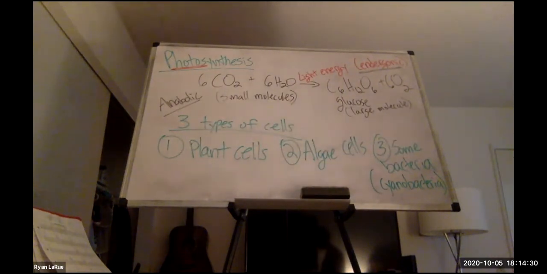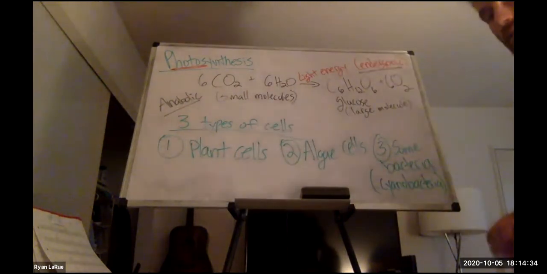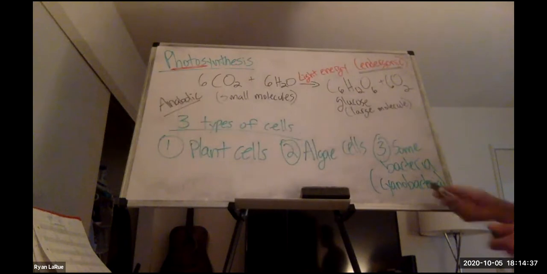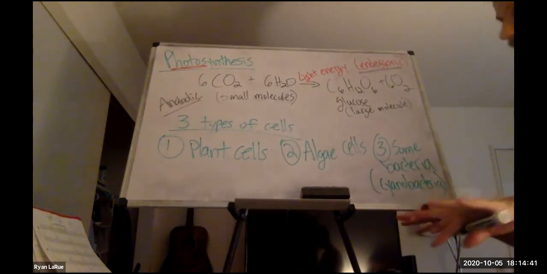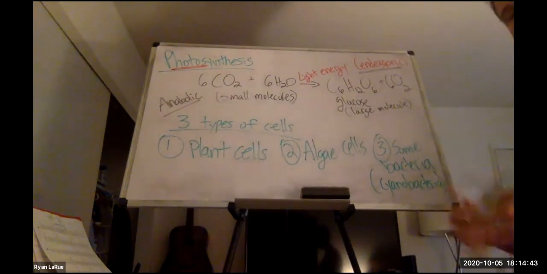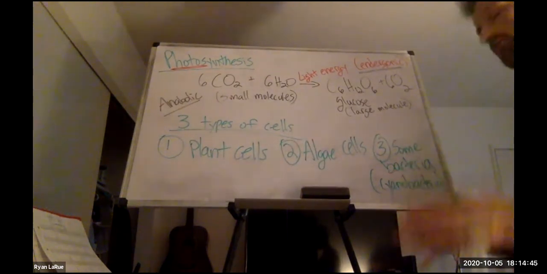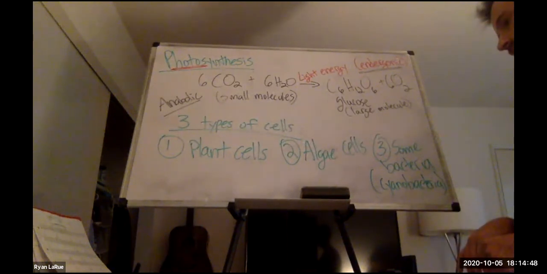And in fact, the reason oxygen is on the planet, by the way, is because cyanobacteria were the first organisms ever to do photosynthesis. They evolved this mechanism around 2.5 billion years ago.